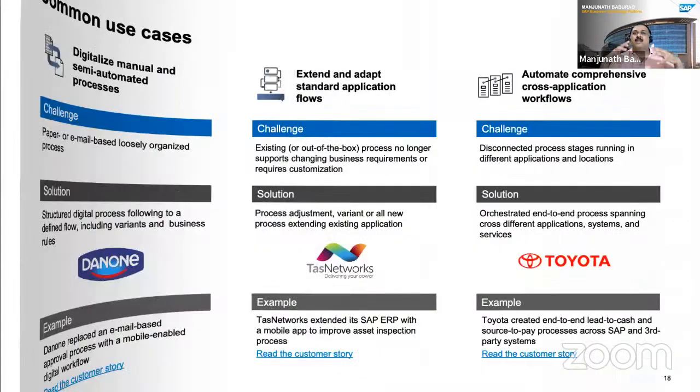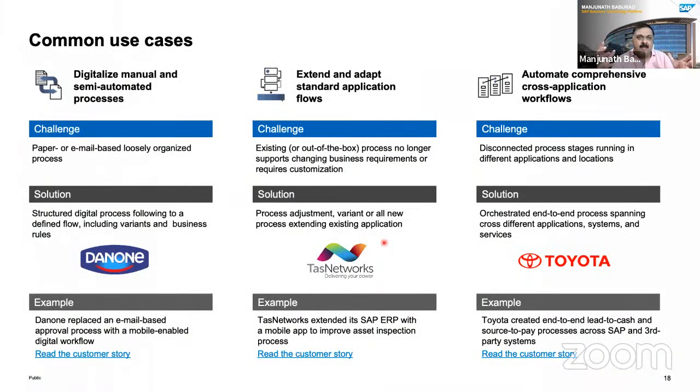But when you look at the common kind of use cases, right? Let's look at the two different kinds of capabilities individually. The first one is what I call the process management or the workflow kind of capabilities. Here, we see that there are three different typical use cases. Let's say one, there are manual workflows.